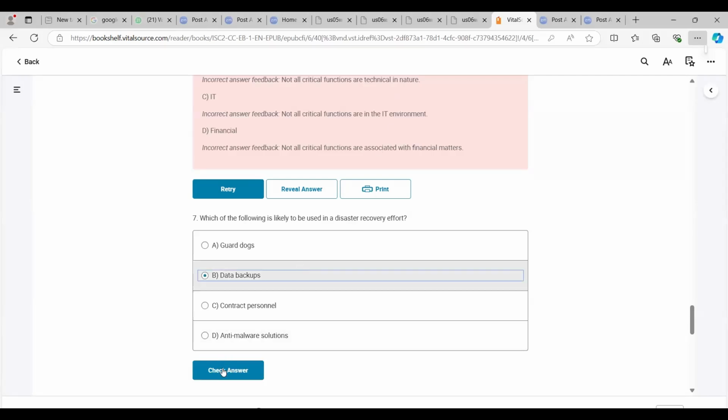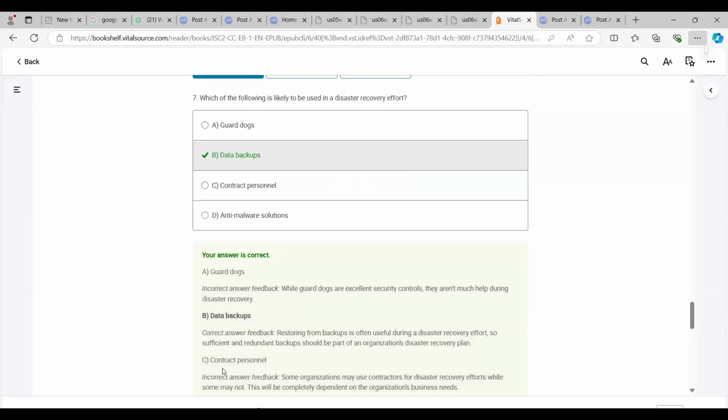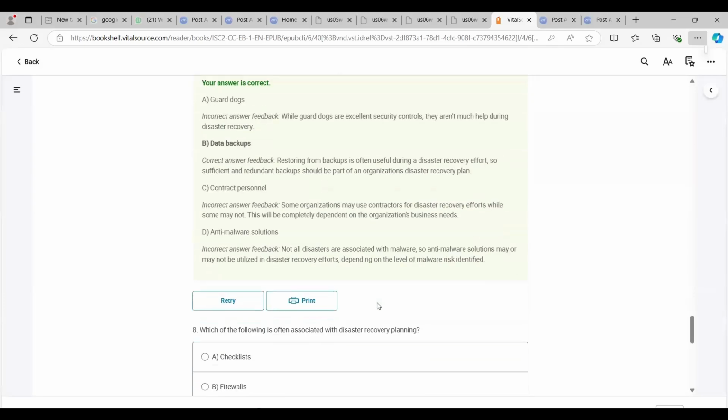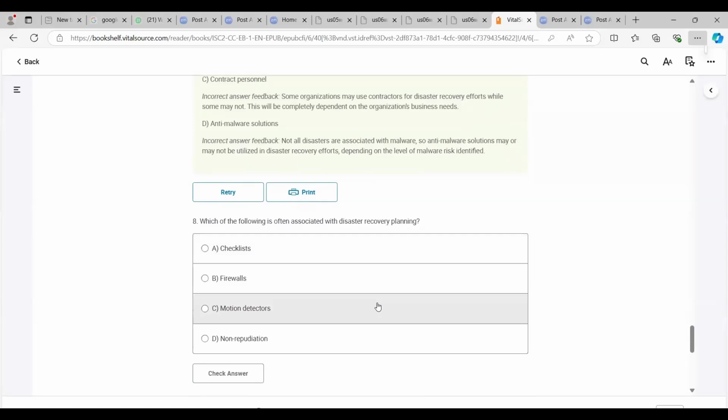I think it's straightforward. So which of the following is often associated with disaster recovery planning? You have checklist, firewalls, motion detector, non-repudiation. Which one of these?